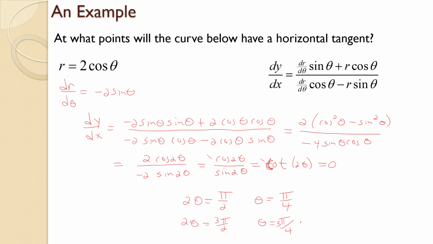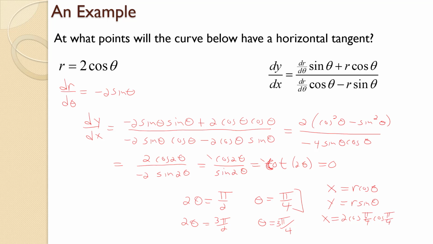For those two angles, I can find the different points. Remember, the x-coordinate is r times the cosine of theta, and y is r times the sine of theta. So if I look only at pi over 4, that point would have an x-coordinate of r, 2 times the cosine of pi over 4, times the cosine of pi over 4.